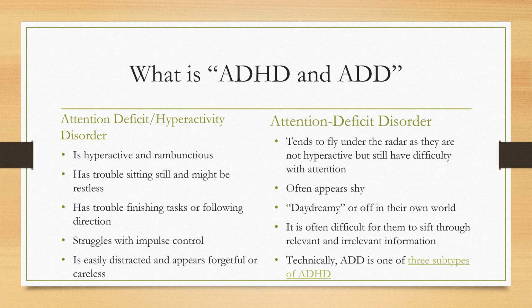So attention deficit disorder, or ADD, tends to fly under the radar as they are not hyperactive but still have difficulty with attention. They often appear shy, daydreamy, or off in their own world. It is often difficult for them to sift through relevant and irrelevant information. So again, as I said, ADD is one of the three types of ADHD.